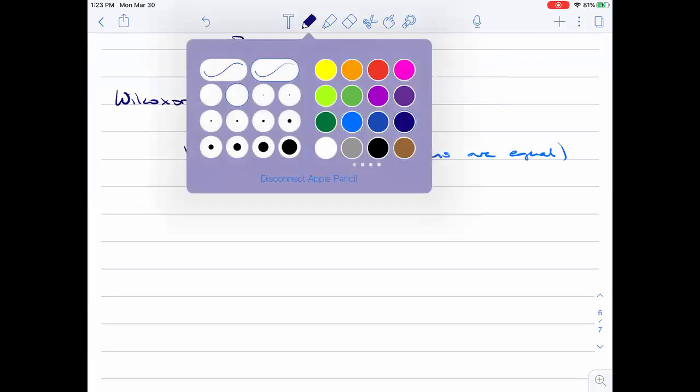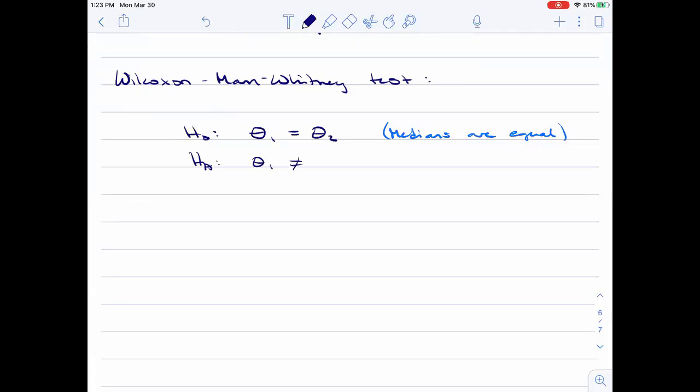And of course, the alternative hypothesis is that they're not equal to each other. Theta 1 does not equal theta 2. So what we've got here is the Wilcoxon Mann-Whitney test. You might even see WMW. That's just the Wilcoxon Mann-Whitney test.